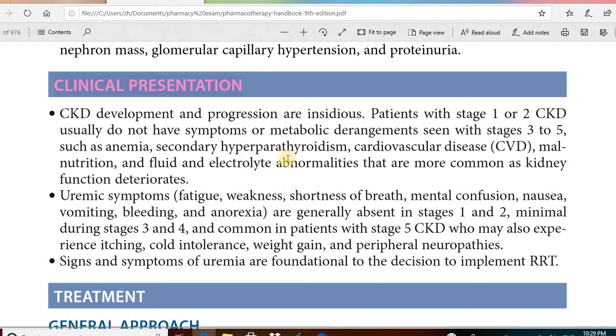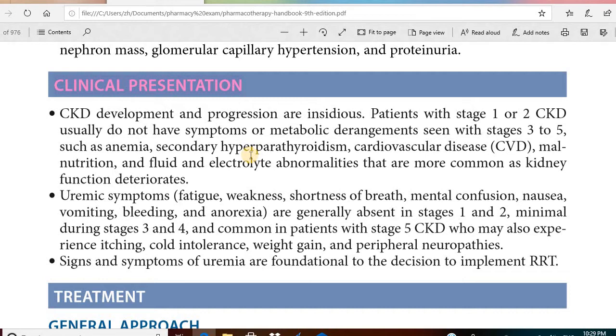Secondary hyperparathyroidism, cardiovascular disease, malnutrition, fluid and electrolyte abnormalities that are more common as the kidney function deteriorates. So there may be anemia, secondary hyperparathyroidism, cardiovascular diseases, malnutrition, and fluid and electrolyte abnormalities.